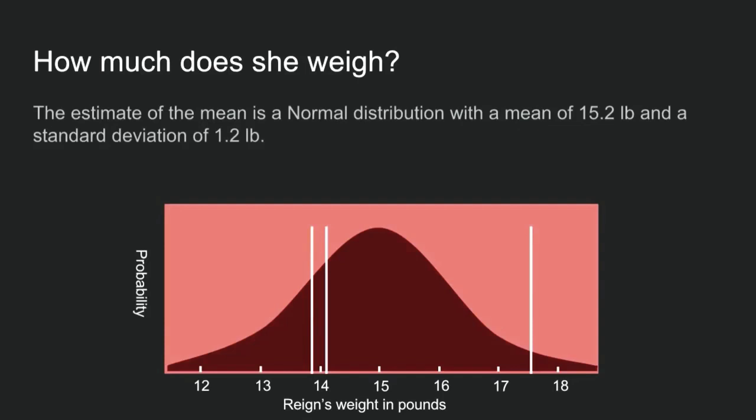So you can see looking at this that yes, it's most likely that she's 15.2 pounds, but there's a lot of that curve that sits outside of the range of 14 to 16. So yeah, she's probably between 14 and 16 pounds, most likely between 13 and 17 pounds, but she might even be lower than 12 and higher than 18. That is a really wide range, and it's not a great basis for making a decision.